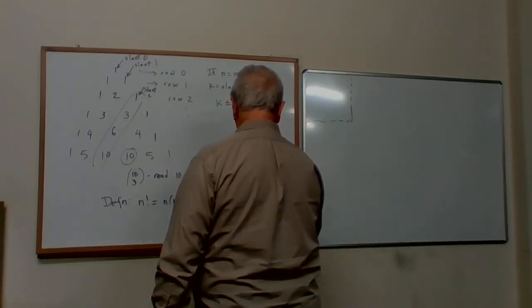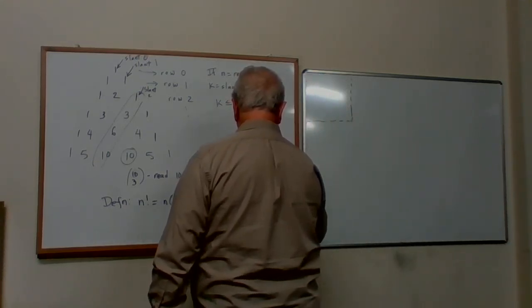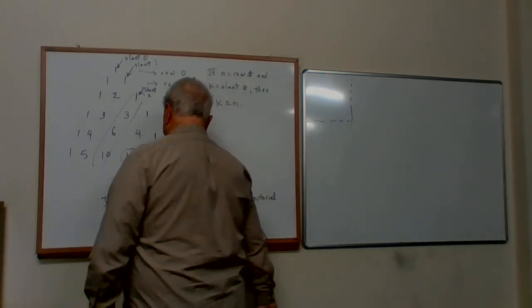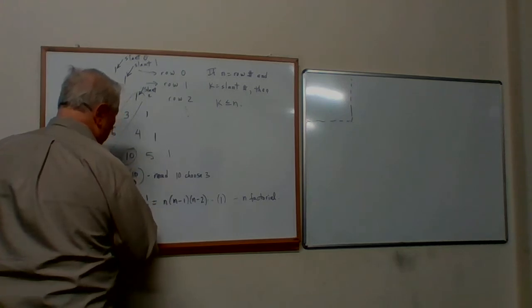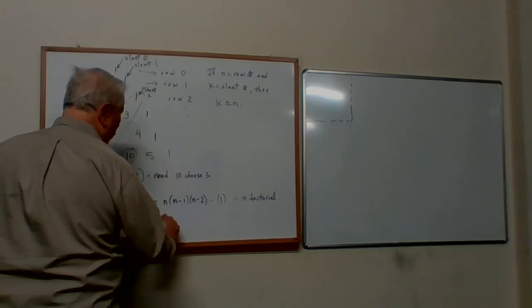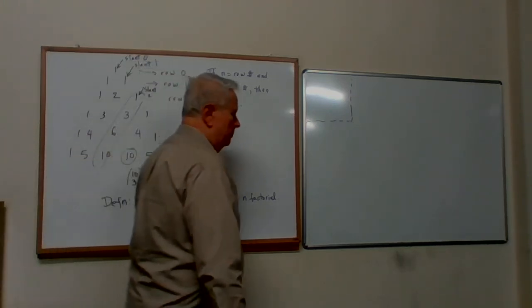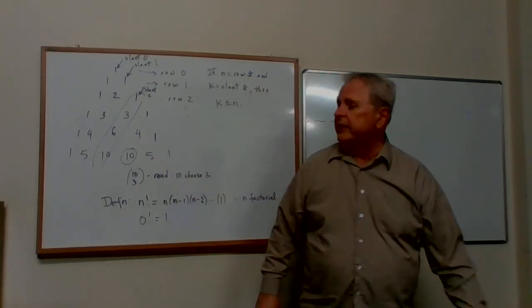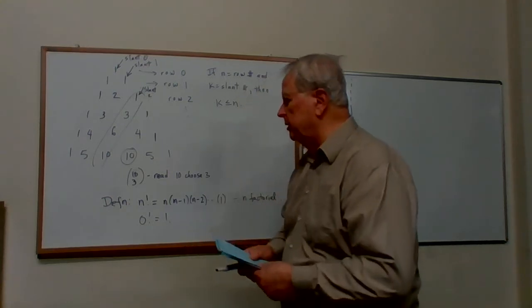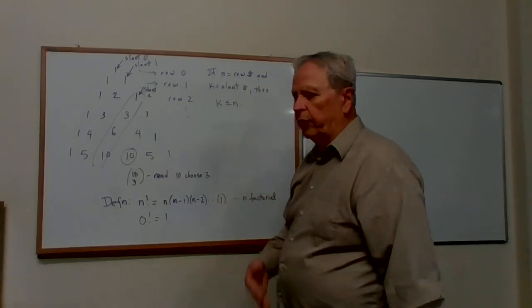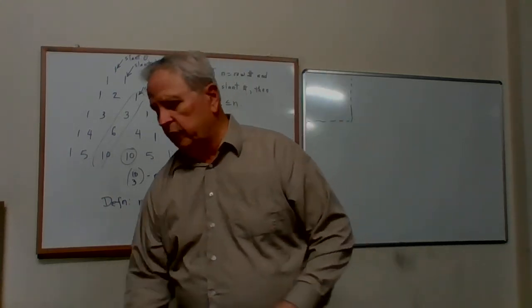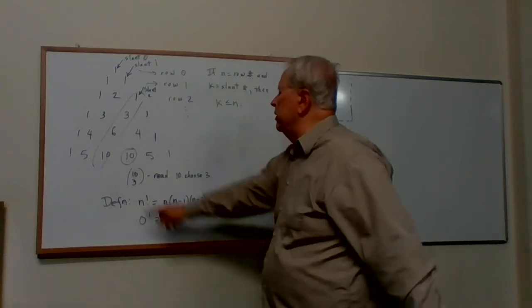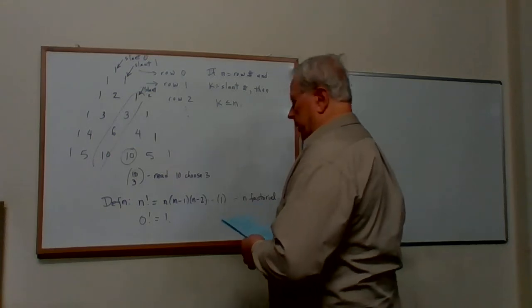So it's read n factorial. And we're going to make a special definition for 0. 0 factorial, we're going to define to be 1. Why? Because we can. It's actually going to make sense, though, as we uncover the binomial theorem and other uses of these binomial coefficients. This is a binomial coefficient 10 choose 3.